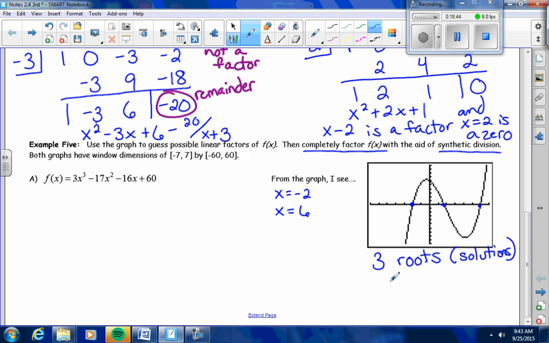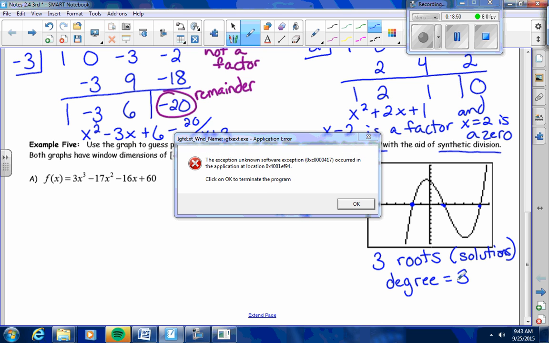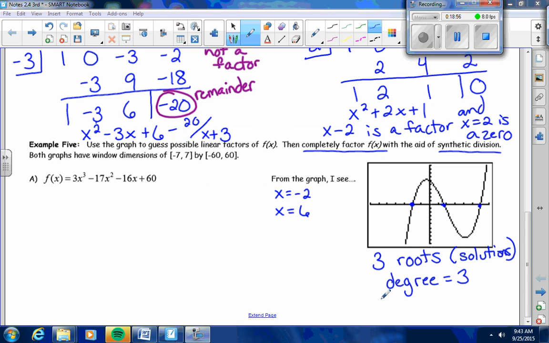Well, what was the degree of this polynomial? The degree was 3. So based off of the last lesson, at most, how many zeros could it have? It should have at most 3 real distinct zeros. And it does. It crosses it 3 times.